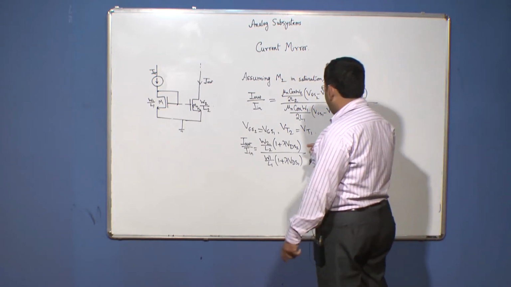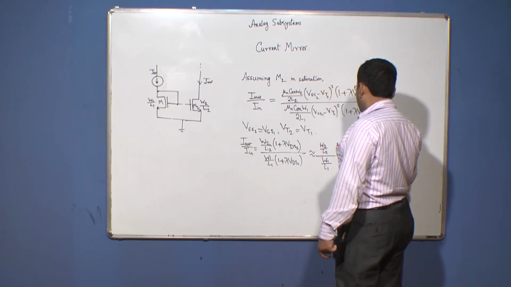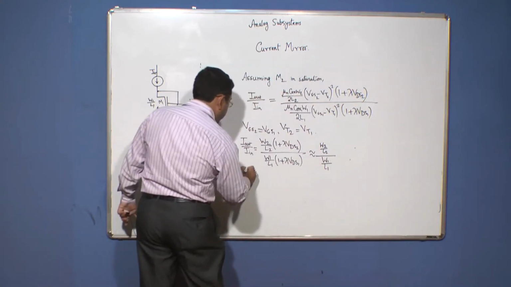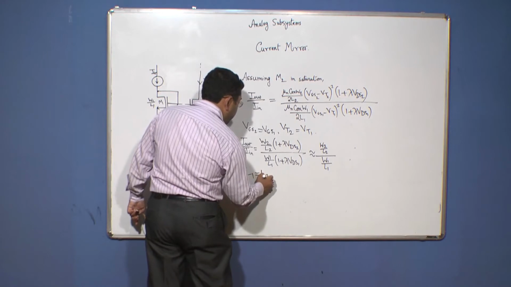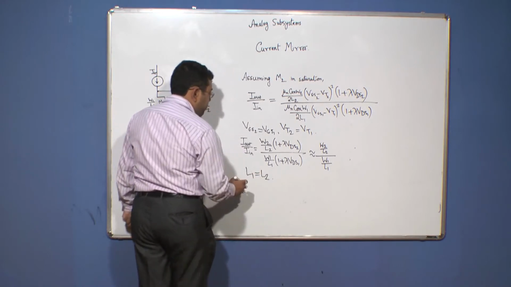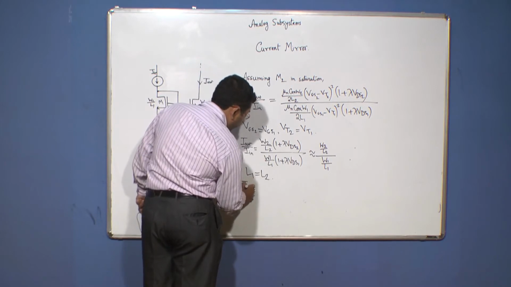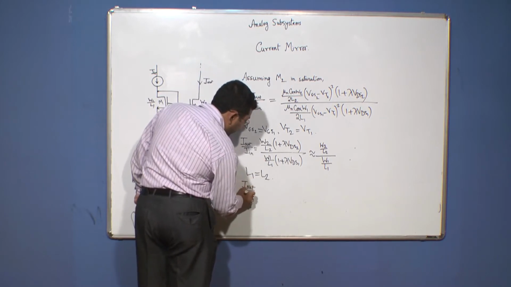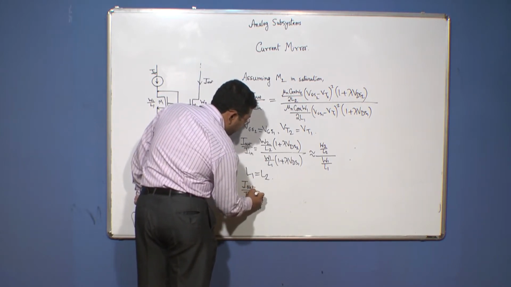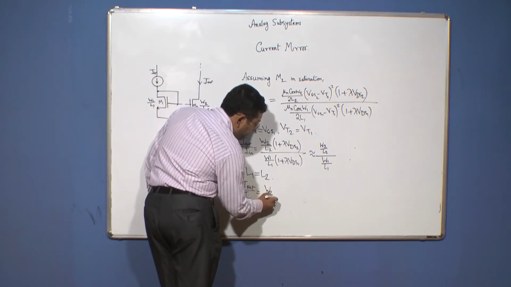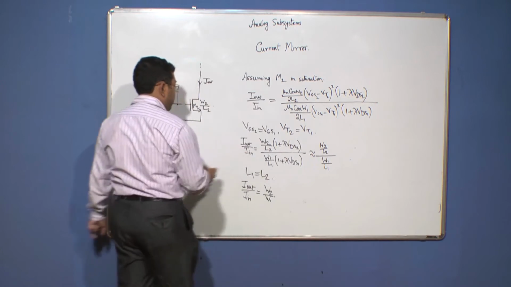Now if you want to ensure that, for a particular technology we typically keep L1 equal to L2. That means channel lengths are typically kept equal in a particular technology, which gives us I out by I in equal to W2 by W1 from this equation.